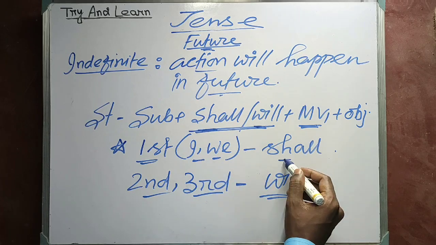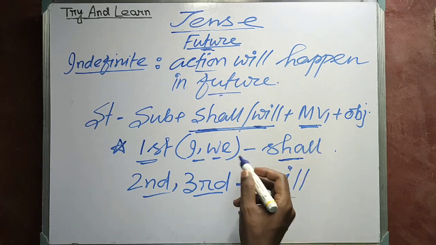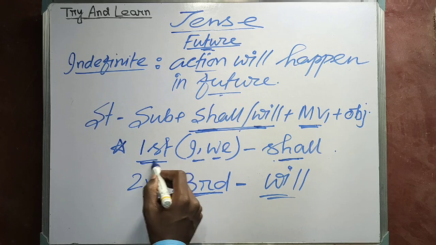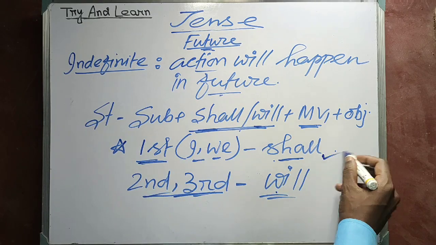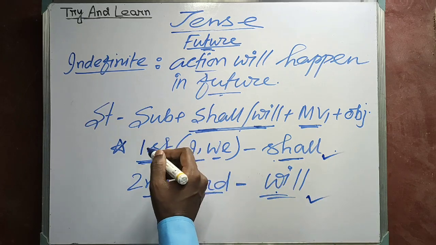But when it is showing determination or obligation, then just the opposite: in second and third person shall, and in first person will. But this is the general rule. Now let's see examples.